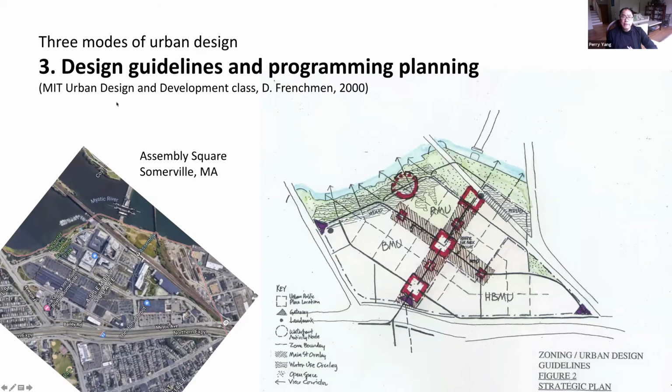And the third type of urban design that Lynch defined is called design guideline. Since we are not the final architect or the final developer, urban planners and urban designers propose guidelines. This is one example from when I did a studio at MIT, where we prepared this design guideline framework.